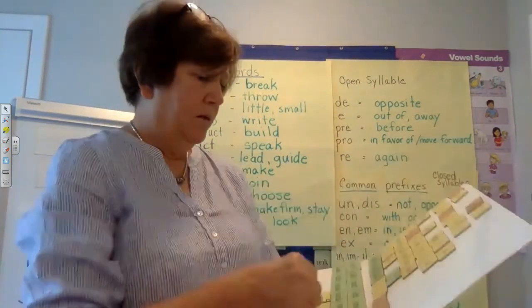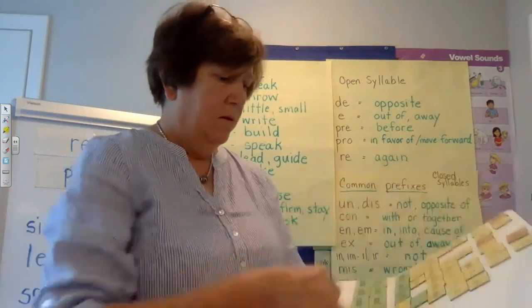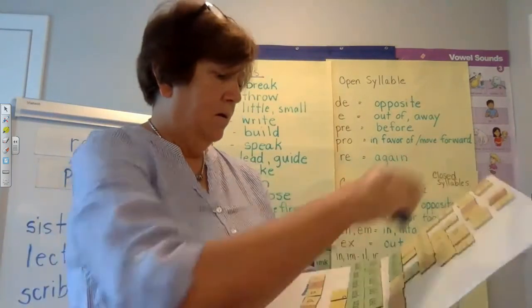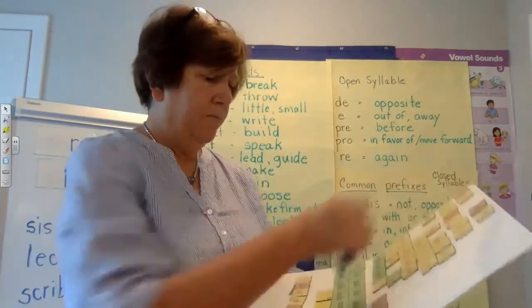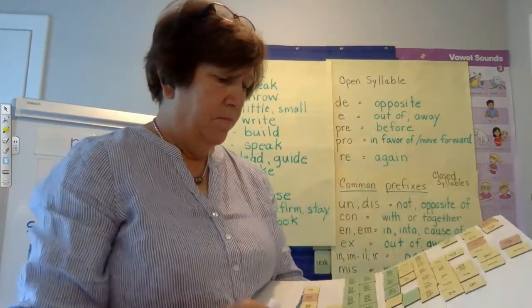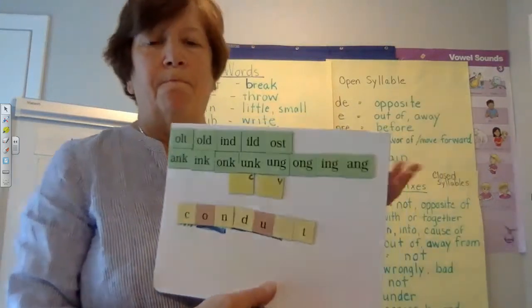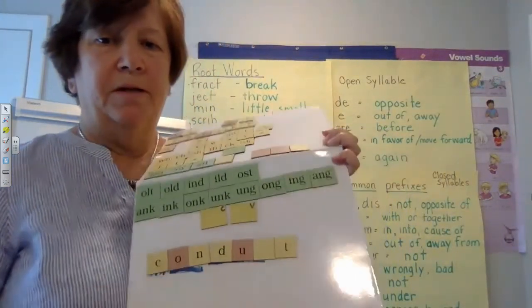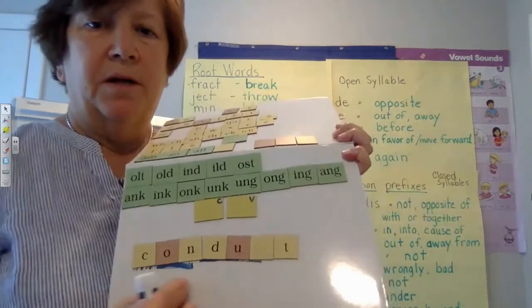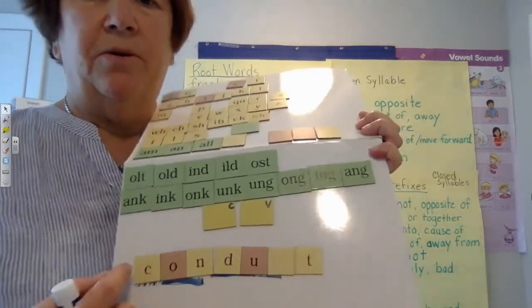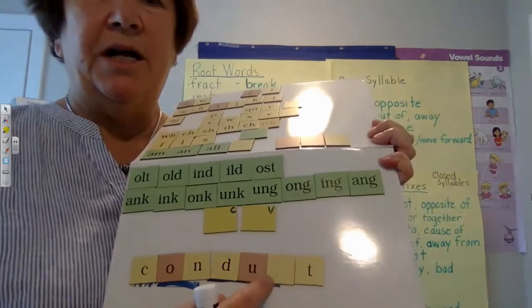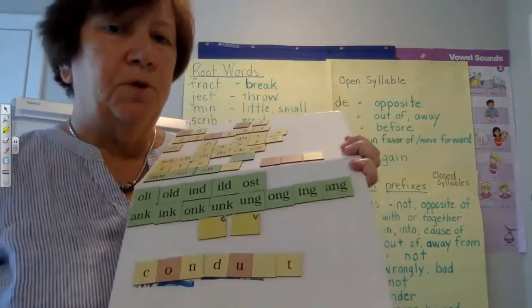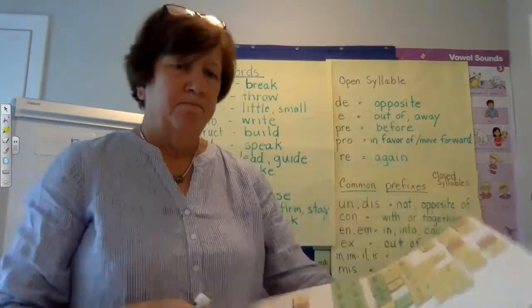Good job. Oh, and I need another C, so I'm going to have to put a blank tile there. All right, let's scoop it. Conduct. Spell C-O-N-D-U-C-T. We needed an extra C there, so we use the blank ivory tile.